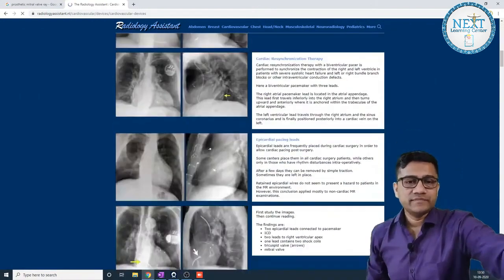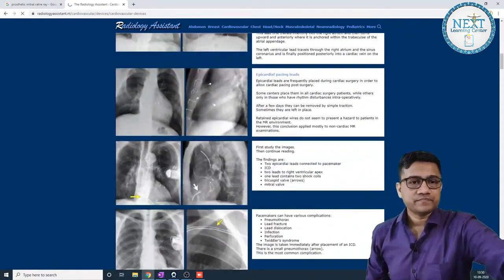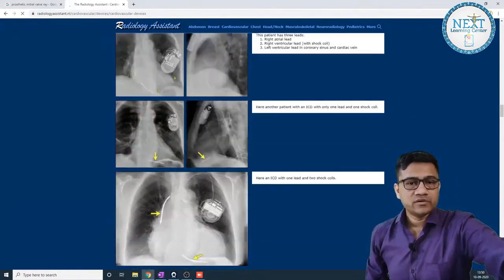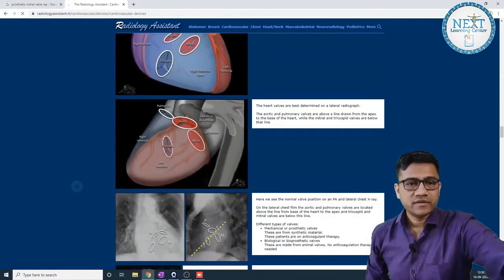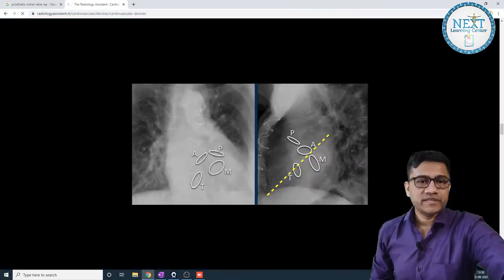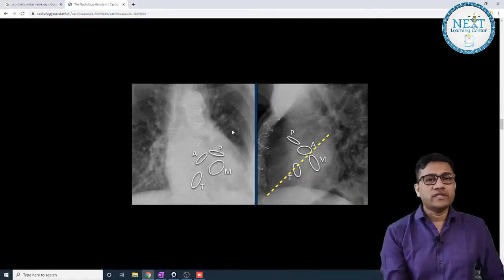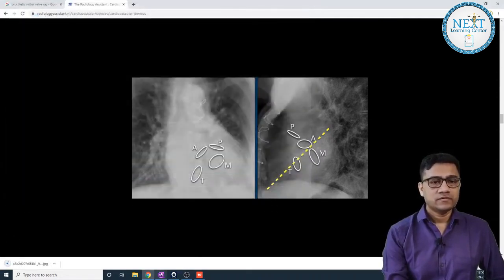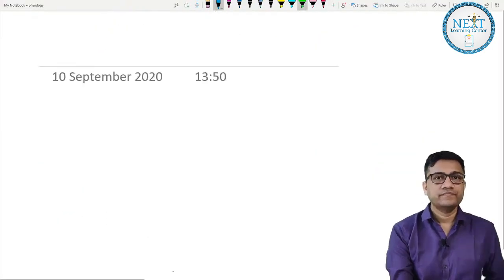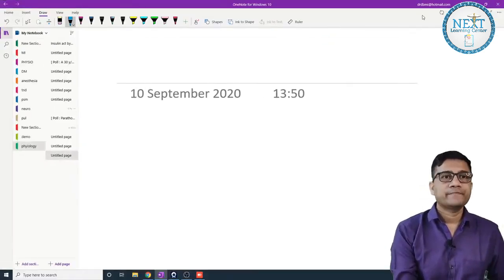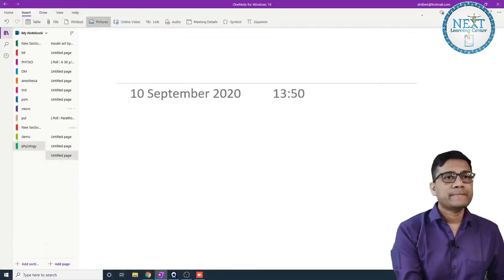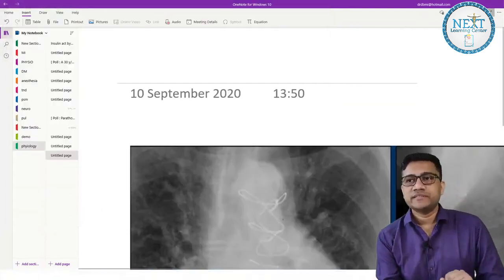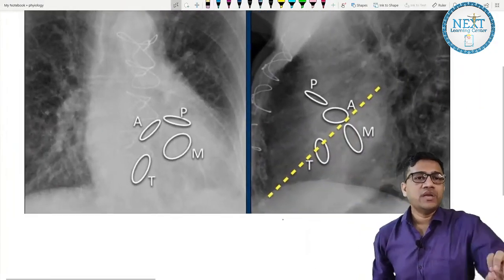So we are seeing the location of all the valves. Yes, this is the location. Please have a look. So this image shows all the valves.